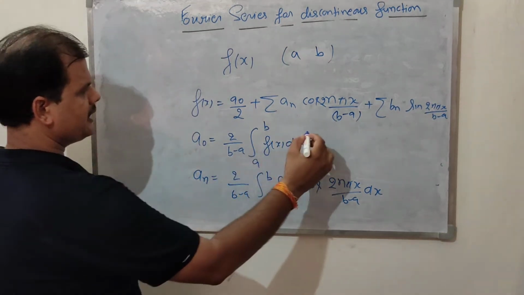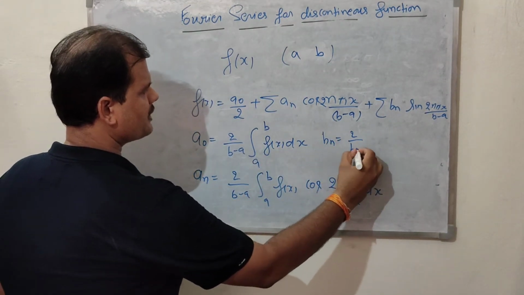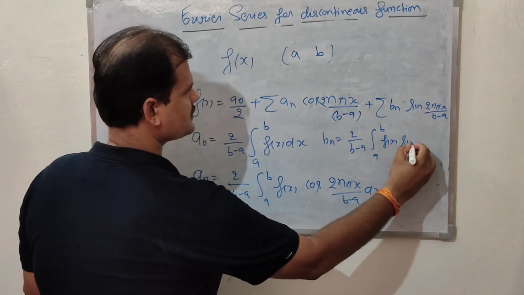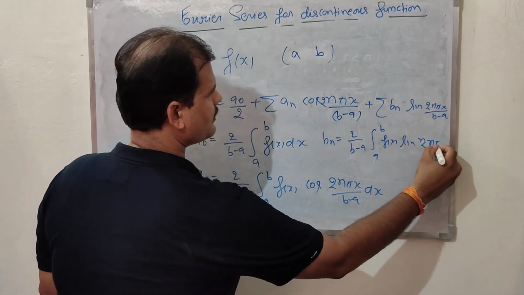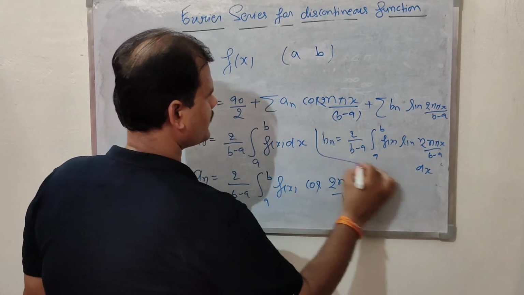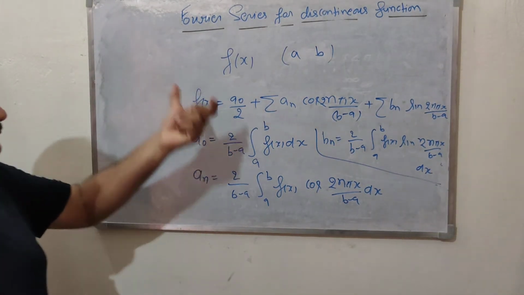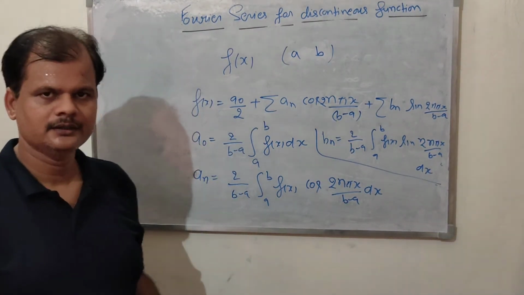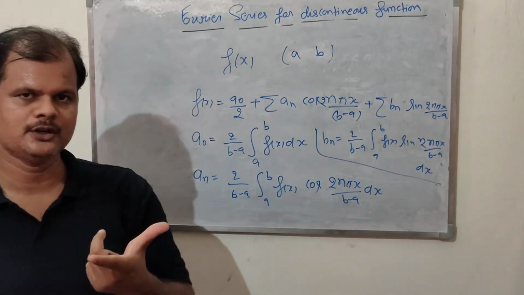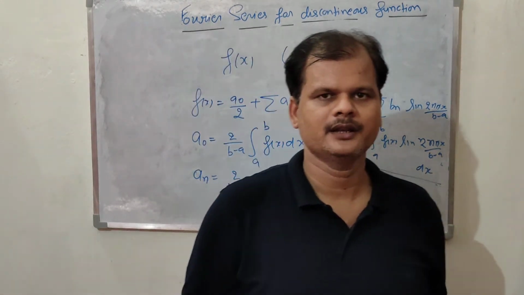Similarly, bn equals 2 upon b minus a, integral from a to b of f(x) sin 2n pi x by b minus a dx. So this is your bn formula. If f is defined on any interval, we can write the Fourier series. I have given it for minus pi to plus pi, minus L to L, and for any given interval a to b.